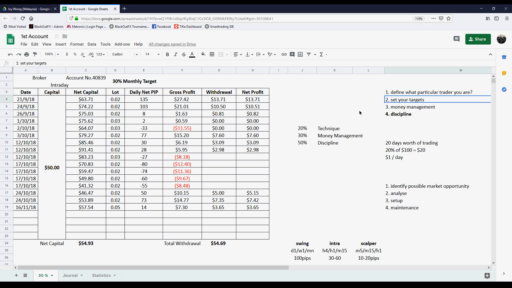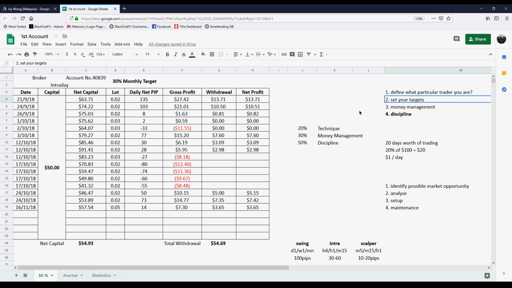This is the priority that you need to set yourself up for, the targets, because if you don't set yourself targets, you don't know what you want to achieve at the end of the day. If you don't set yourself targets, you don't know what you want to get from forex trading.